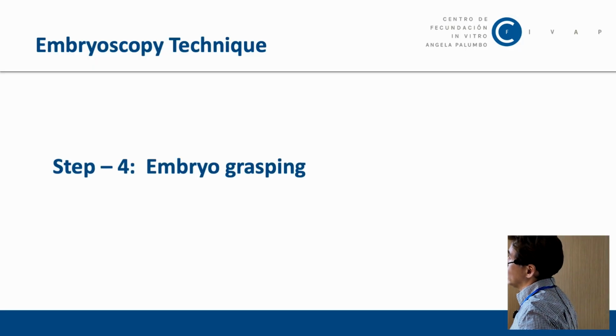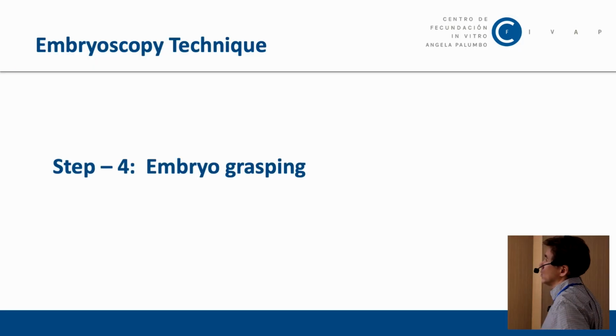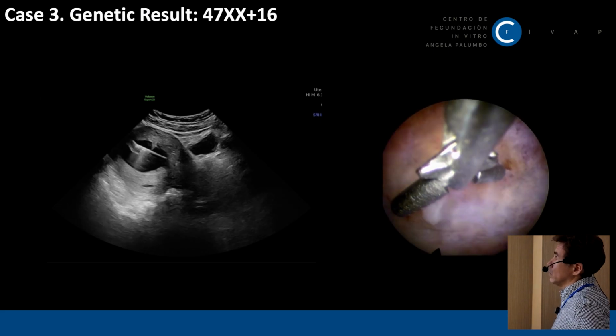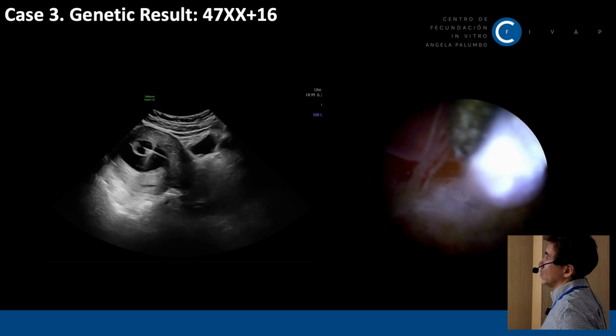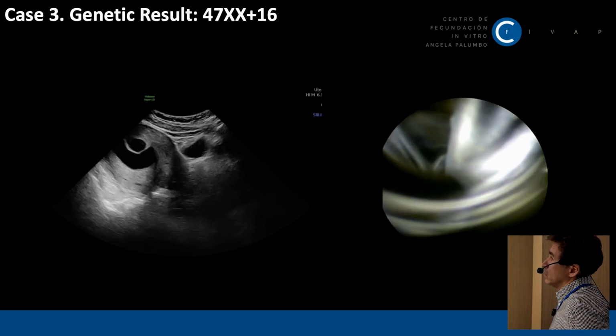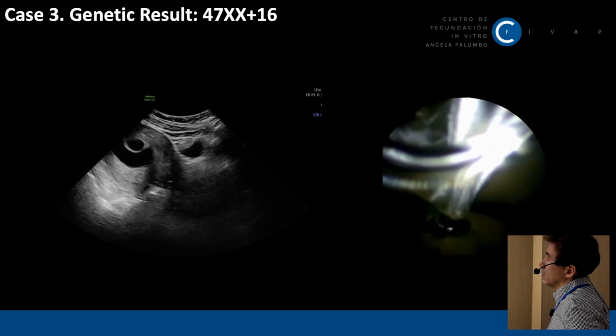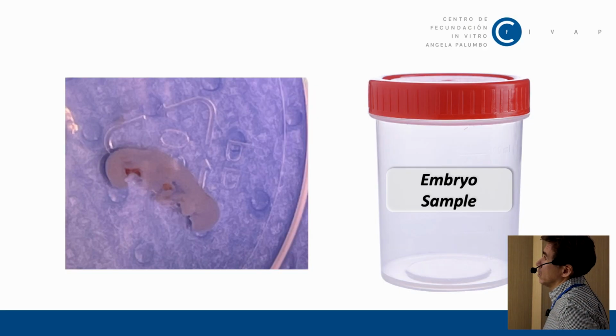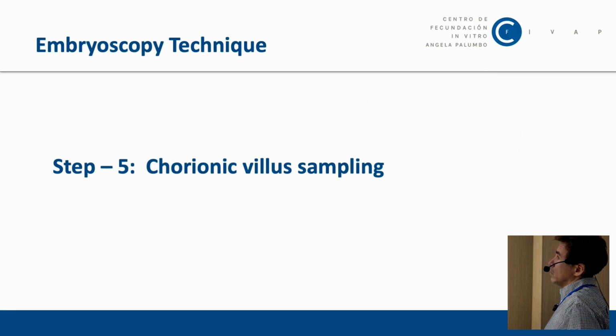Step 4. Embryo grasping. We grasp the embryo with forceps and go out with the entire hysteroscope and deposit the sample in a correctly labeled container. Step 5. Chorionic villus sampling.